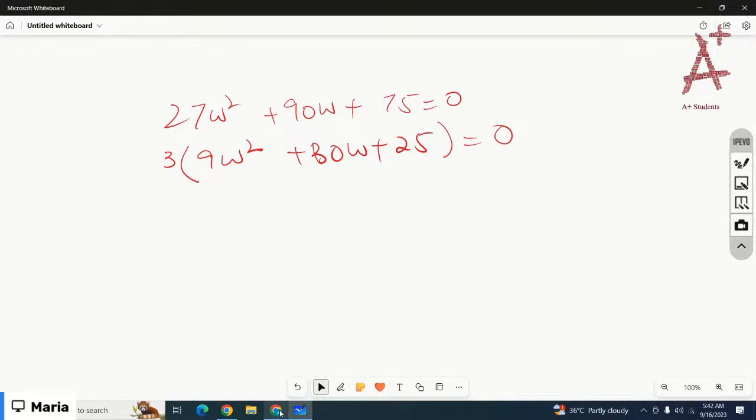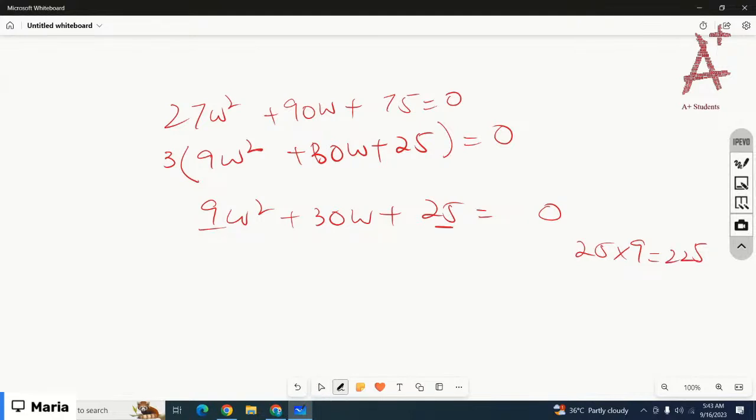You can solve this equation either by factoring or by applying the quadratic formula. Let's see if I can factorize 9w squared plus 30w plus 25. Let's multiply 25 times 9, right? 25 times 9 is 225.